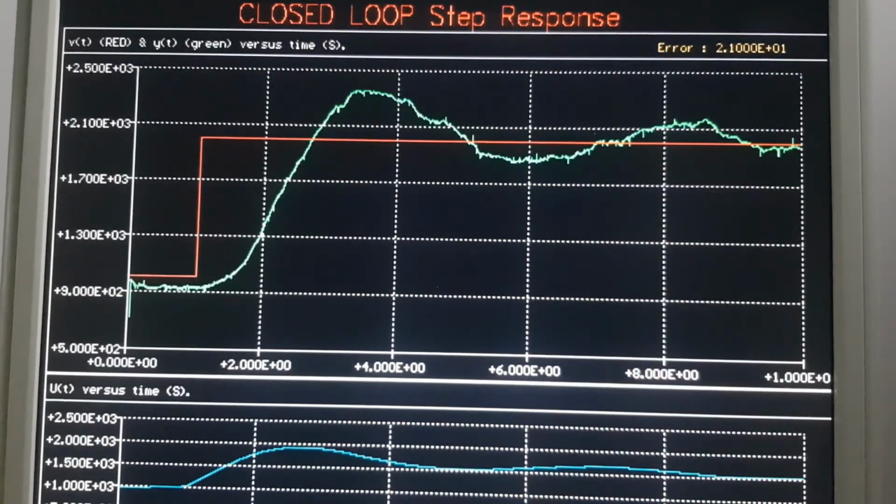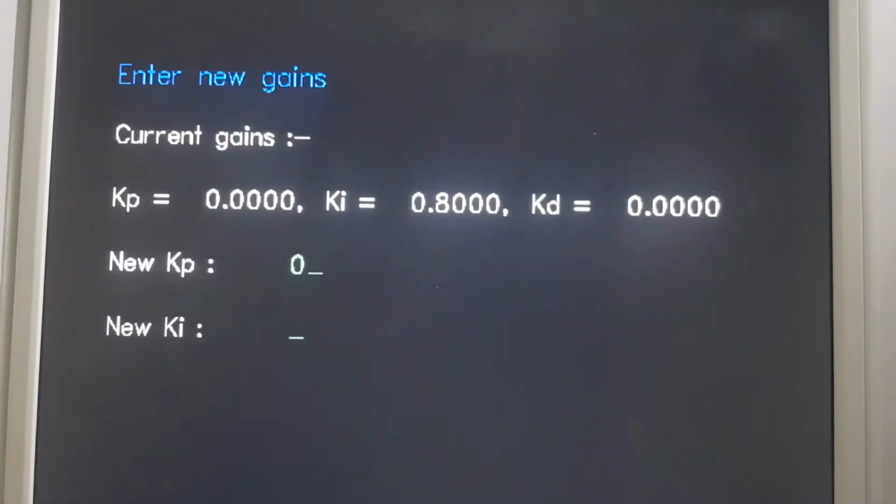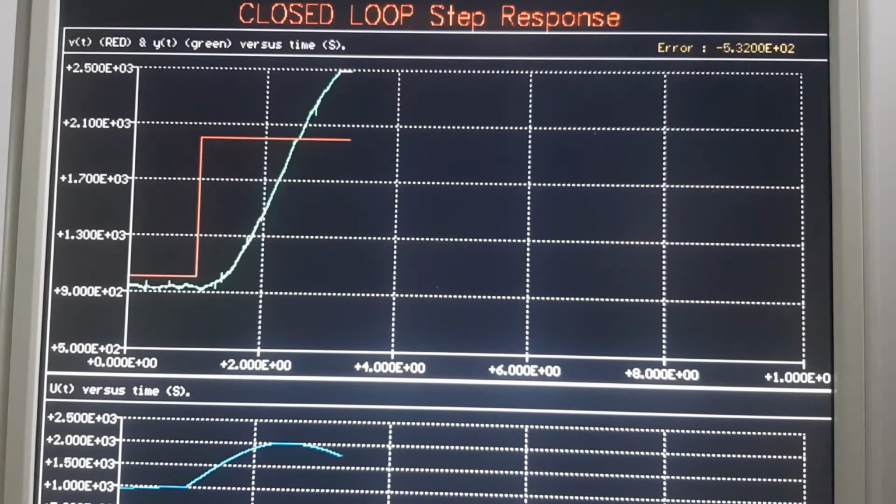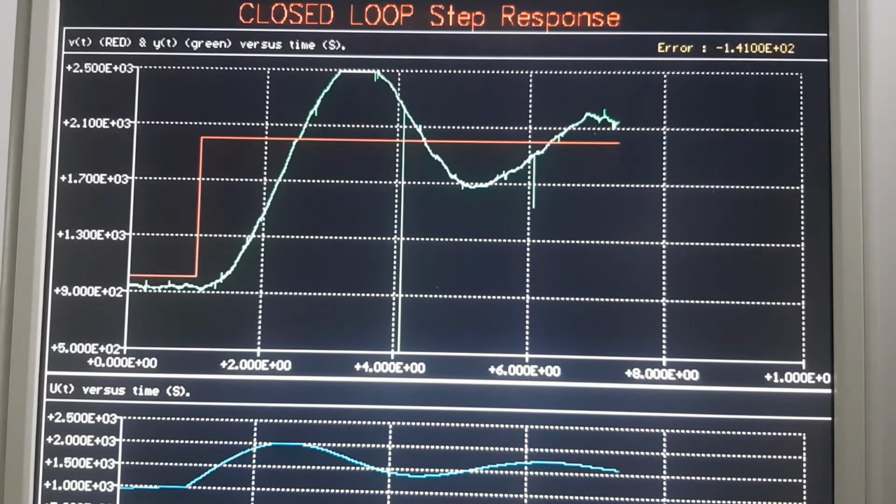So now I'm doing 0 proportional, 1 integral, and 0 derivative. This time it's going to be even faster, but more overshoot and more undershoot. The trouble now is it's faster, but there's too much oscillation.